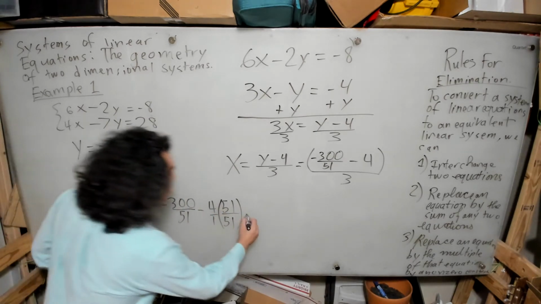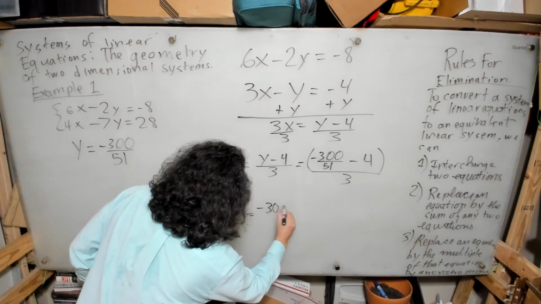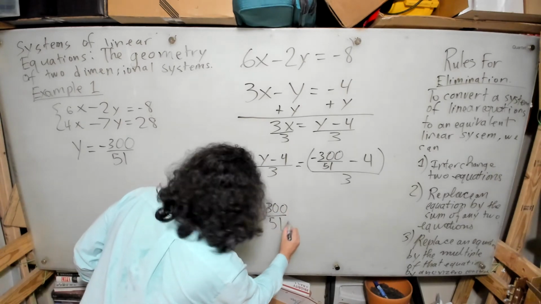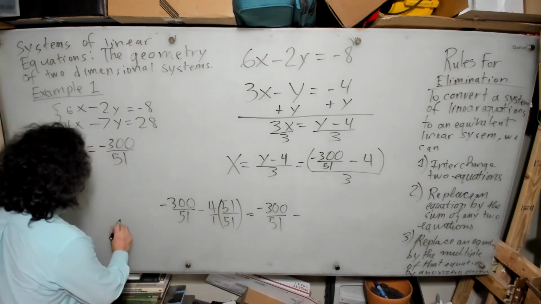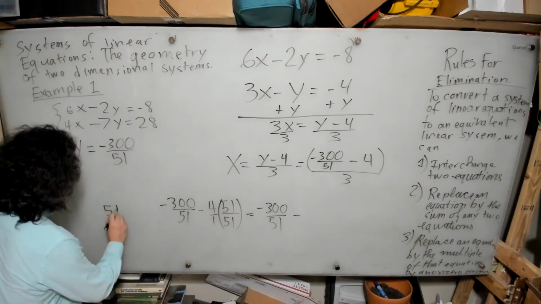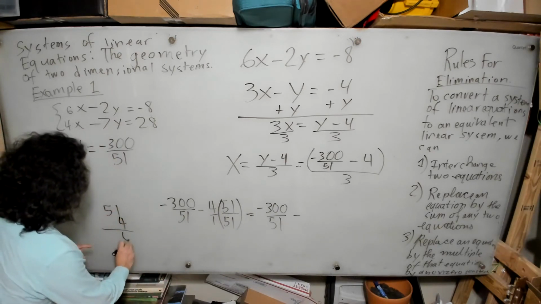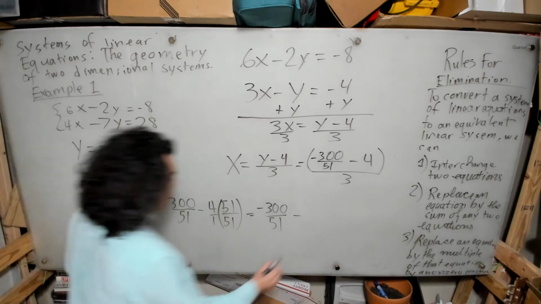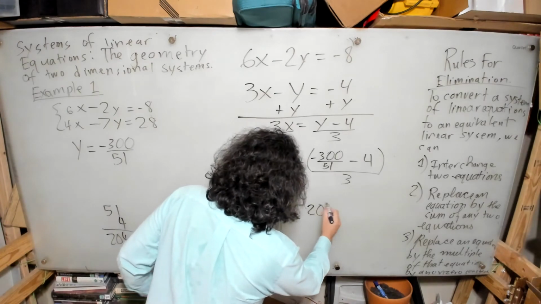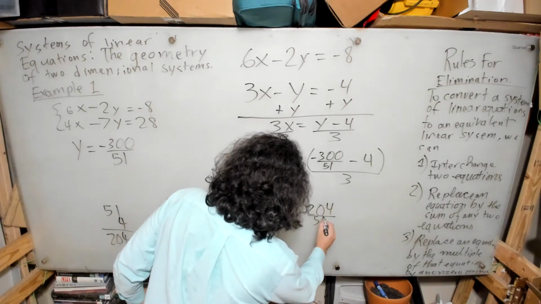Okay? So this will become negative 300 over 51 minus, and if you multiply 4 times 51, 4 times 1 is 4, 4 times 5 is 20, you can see that that's 204. So it'll be minus 204 divided by 51.